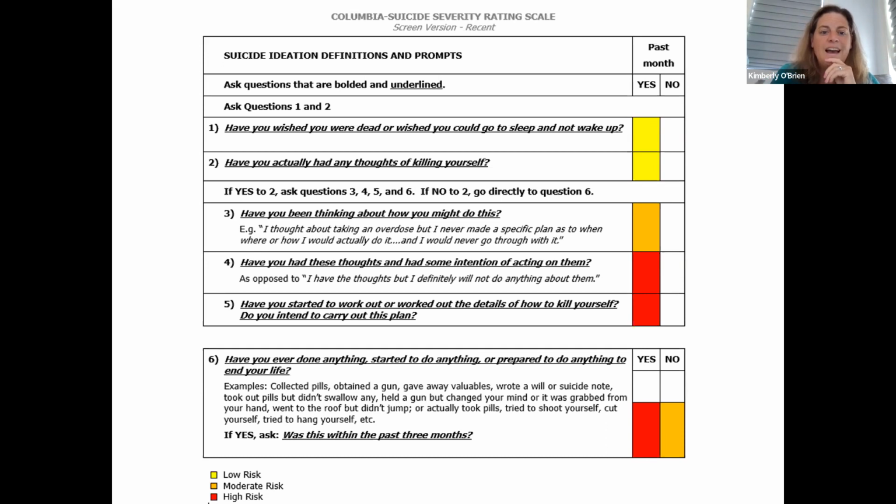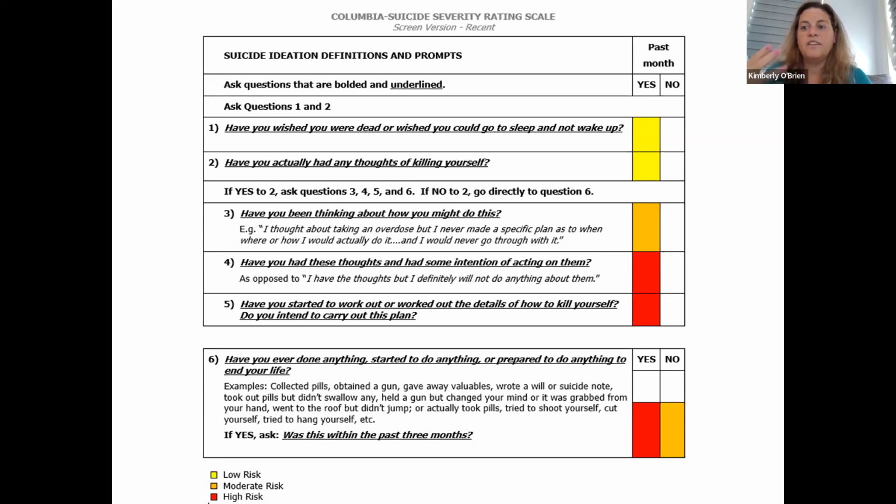Then the 4th one, have you had these thoughts and had some intention of acting on them? Now, not all kids will understand what intention means, especially if you're doing this for a 5th grader. I like saying, and I'll talk about this later on when we talk about assessment, but you could say, do you feel like this is something you might actually do?